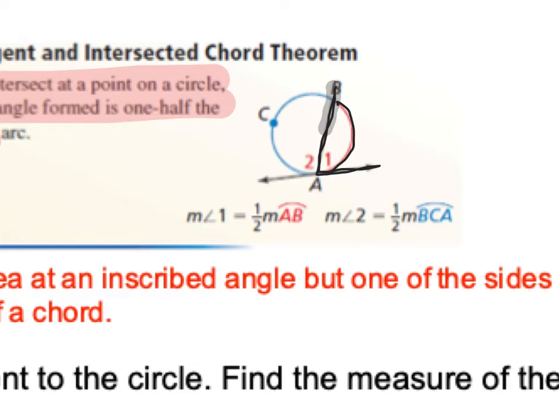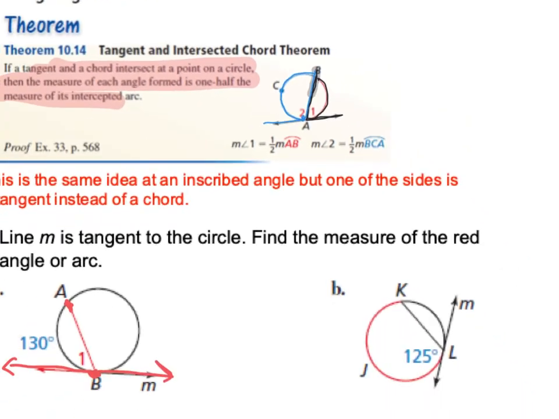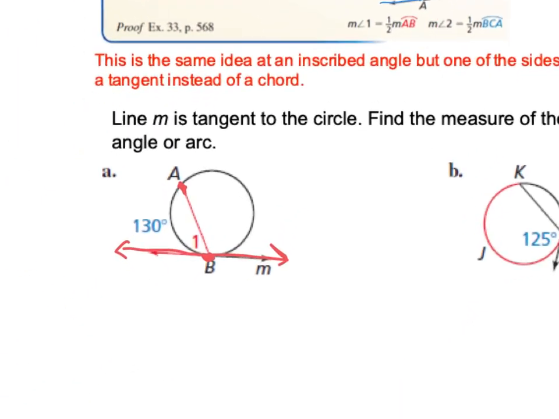And similarly, the other angle here would be angle 2, and it intercepts this arc. Angle 2 is going to be 1/2 the measure of that blue arc that I just drew in there. Okay, so let's take a look at a couple examples of that.